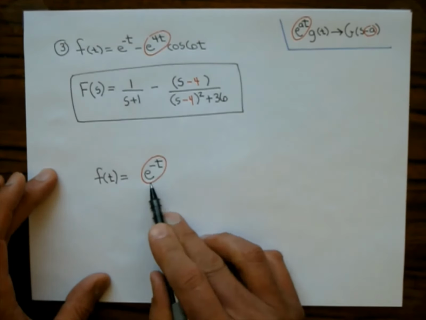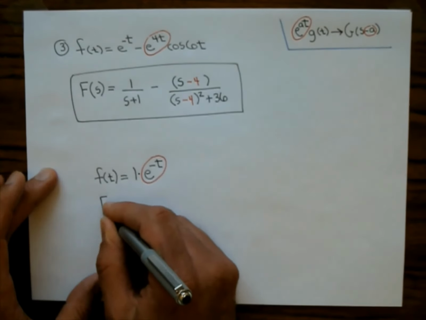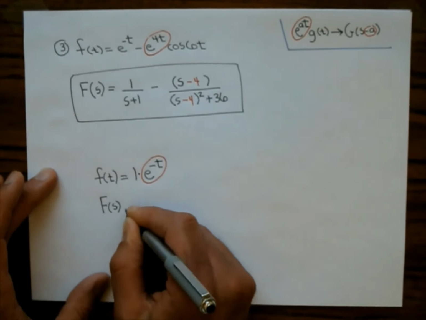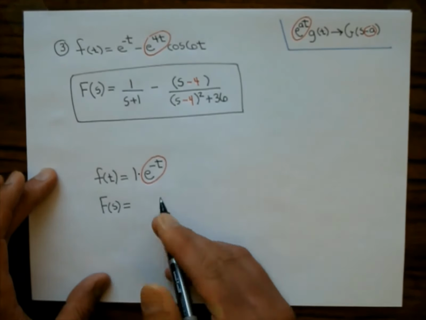You can realize that that right there is a shift, and the function that's sitting next to it is 1, or t to the 0 if you'd like. And so the Laplace transform of this is really the Laplace transform of 1, which is t to the 0, 0 factorial over s to the 1, which is 1 over s. And then we account for the shift, which we go plus 1.